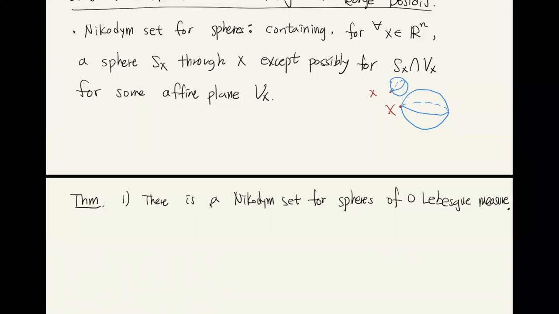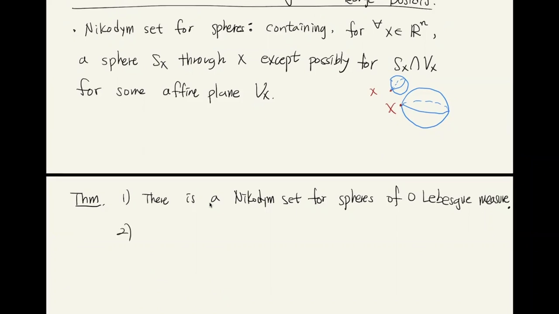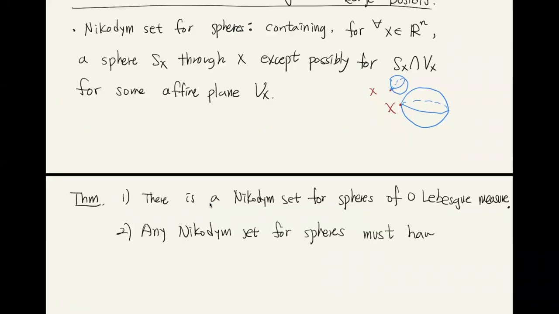Okay, and secondly, any Nikodym set must have a sphere in Rn. Okay, it cannot be too small in the sense of Hausdorff dimension.